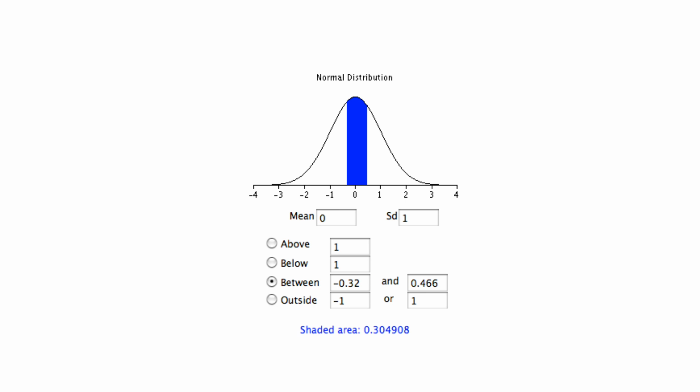And I want to find out what it is between negative 0.32, because I calculated that as the z, and positive 0.466, and it tells me. That's pretty quick. You can do that with a z table, of course. You could have looked up what this one was and what this one was, and then done some arithmetic. This is done for you as well. So I have no problem. Use this. I mean, it's great. I use it all the time.